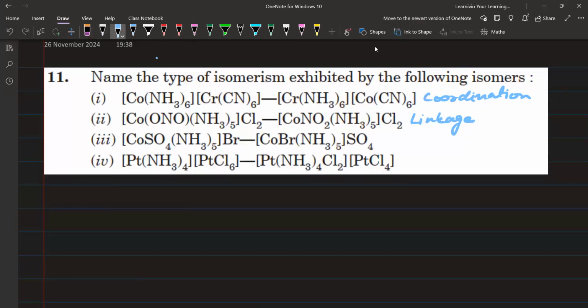Then, it will be coordination isomers only, na? How? Wait a second. No, both of these are platinum only, na?